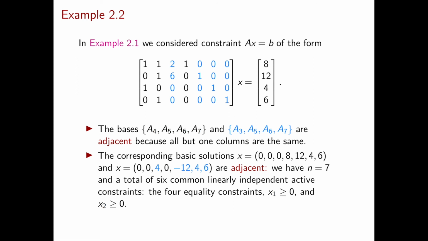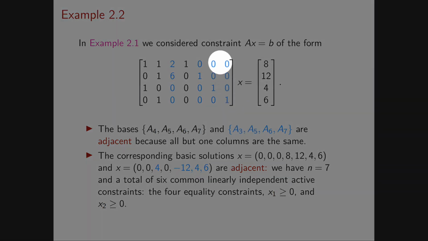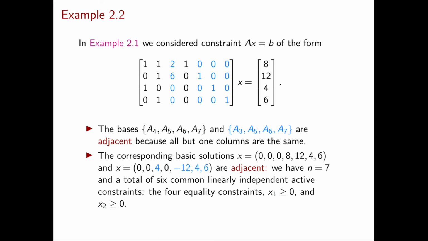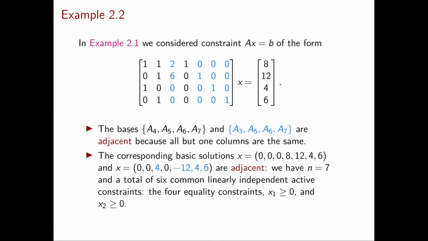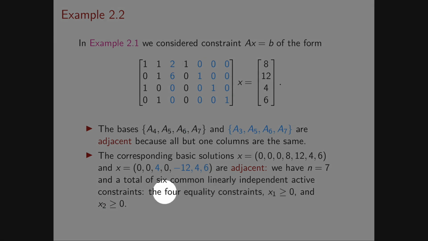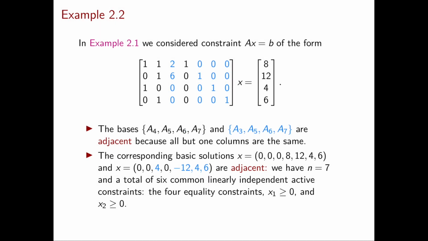To check that, we should see that they have 6 common linearly independent active constraints. Now, 4 of them come from the equality constraints, and the remaining 2 correspond to the 2 zero variables that they have in common, namely x1 and x2. So these are the constraints x1 greater than or equal to 0 and x2 greater than or equal to 0.